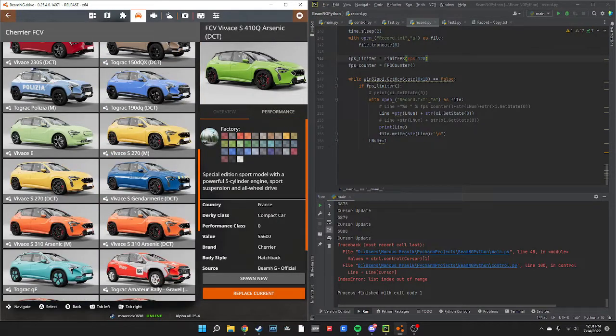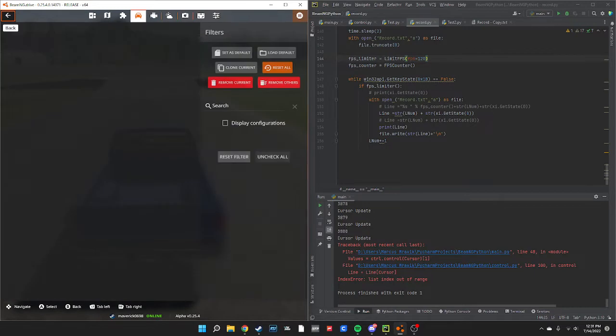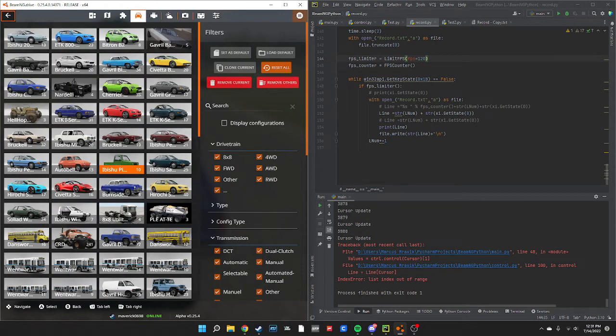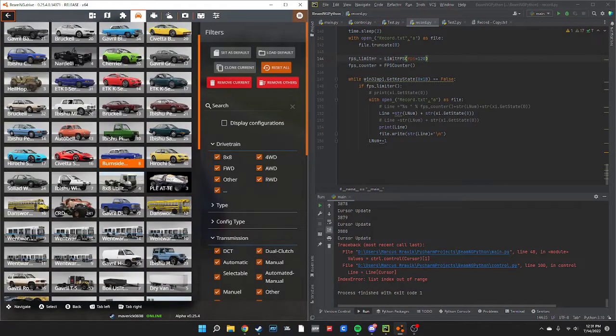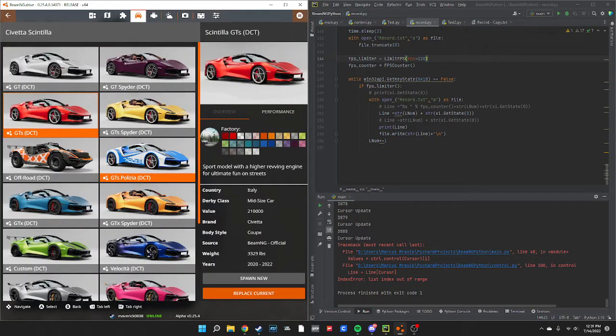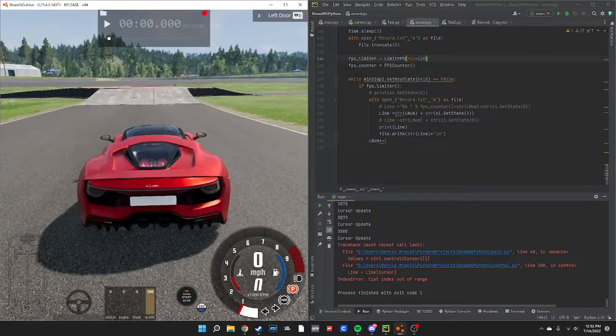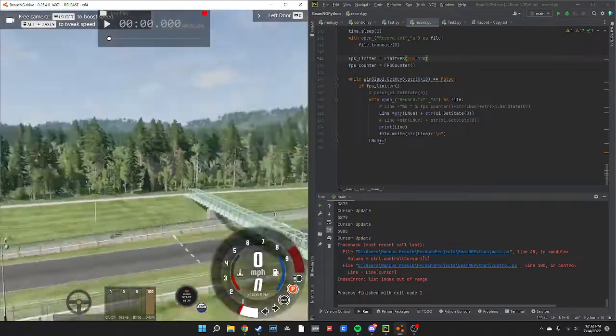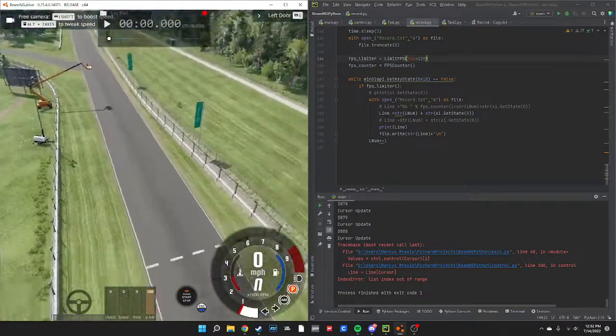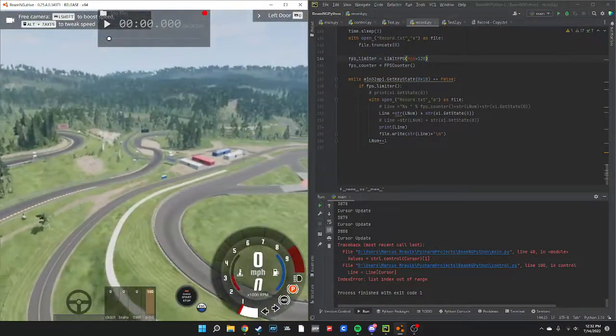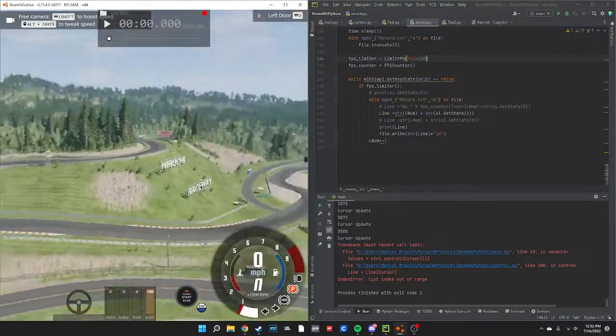I'm finding a vehicle for this. I just love this one. I'm gonna take it. Okay, and then here's the start.